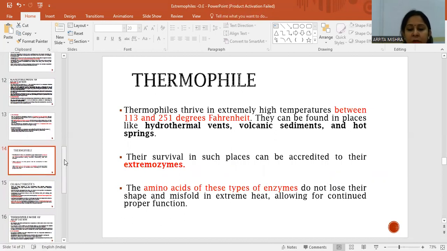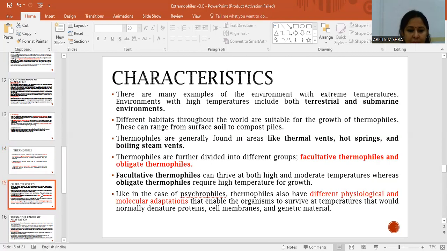So the amino acids of these types of enzymes do not lose their shape and misfold in extreme heat, allowing for continued proper function. So thermophiles are further divided into different groups like facultative thermophiles and obligate thermophiles. Facultative thermophiles can thrive at both high and moderate temperature, while obligate thermophiles require high temperature for growth.